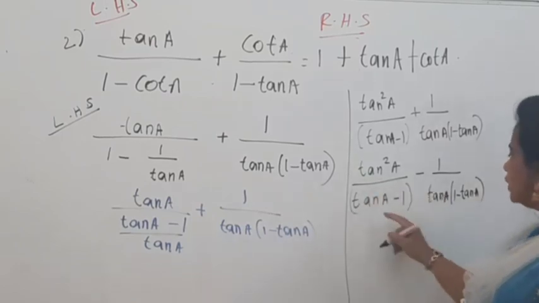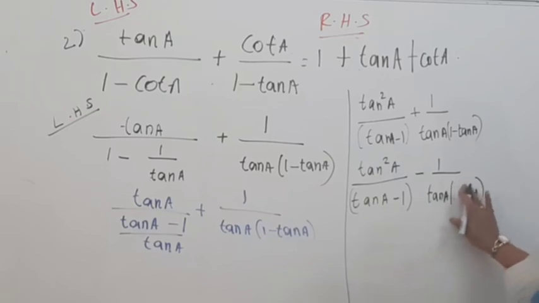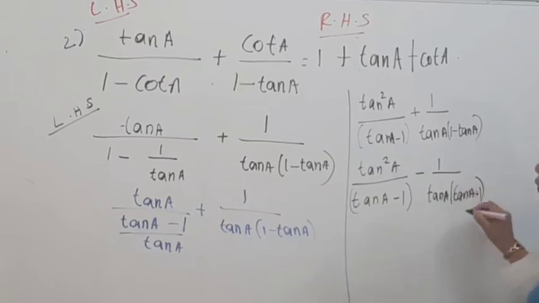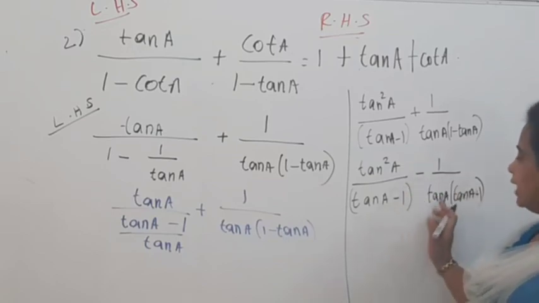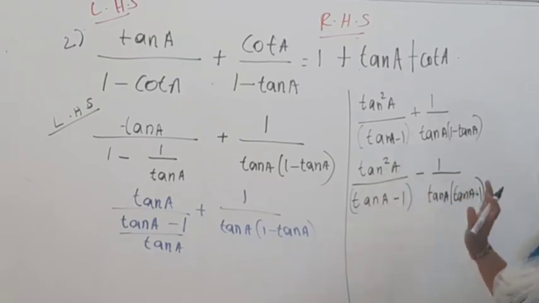Now I got tan A minus 1 and tan A minus 1. So this is also tan A minus 1. I got both the same. Now I am going to take the LCM. So only tan A into tan A minus 1 is the LCM.